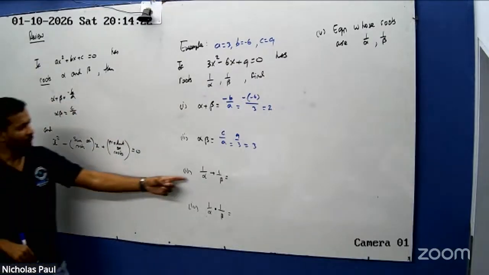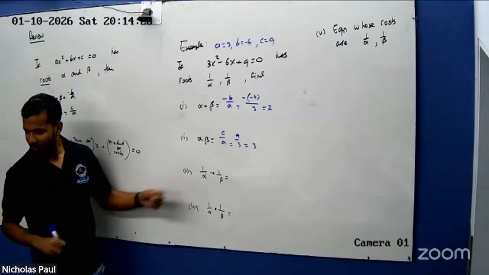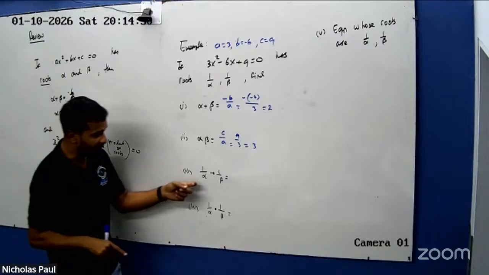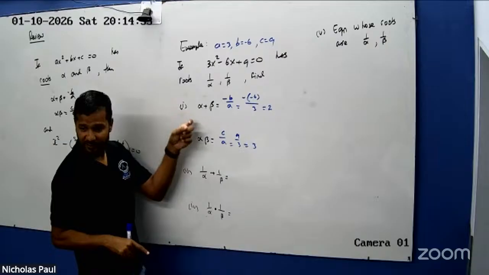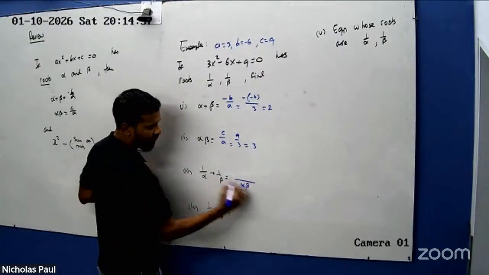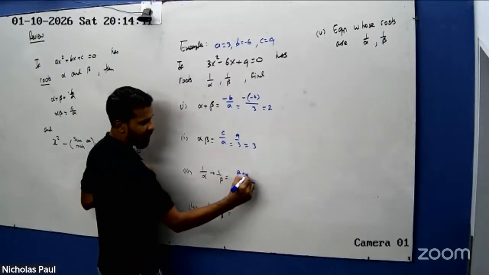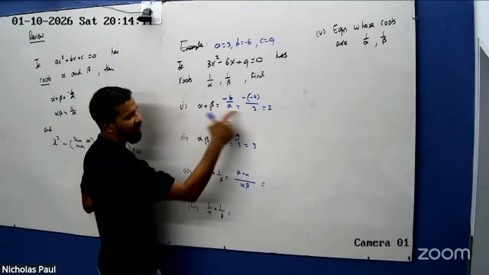Now, how do we find this? Find the LCM, right? We have to write this in terms of this. So find the LCM, you'll get alpha beta. The numerator is beta plus alpha. We know what is beta plus alpha? 2.